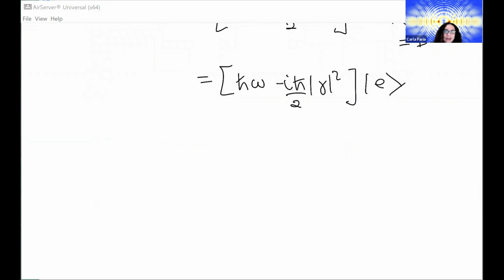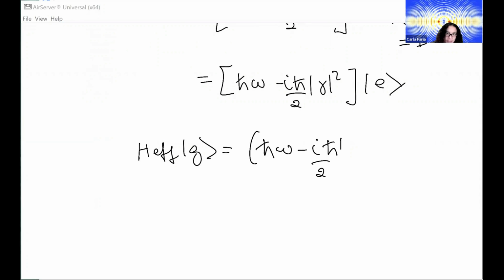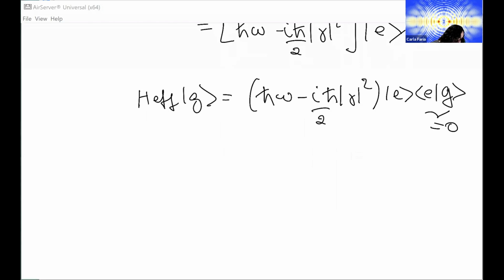Okay, now let's have a look at this applied to G. So you have H effective applied to G. This is going to be (ħω − iħ/2 |γ|²) |E⟩⟨E|, so it's a projection onto the excited state. Because excited and ground state are orthonormal, I do expect that this is going to vanish. So we know that H effective applied to G is going to be 0.